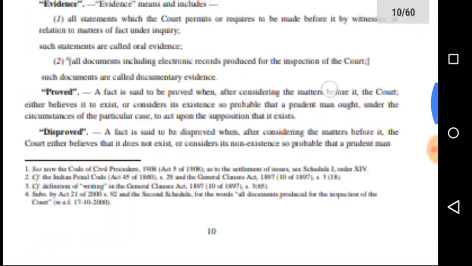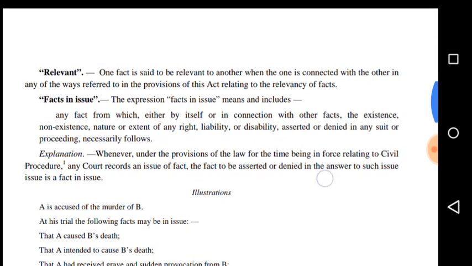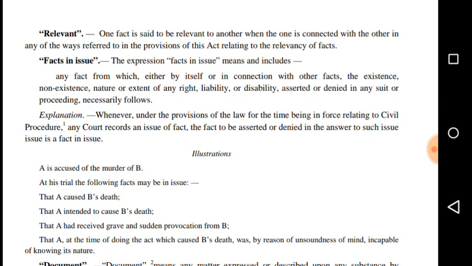So here the definition is: one fact is said to be relevant to another. There may be two facts, fact 1 and fact 2.